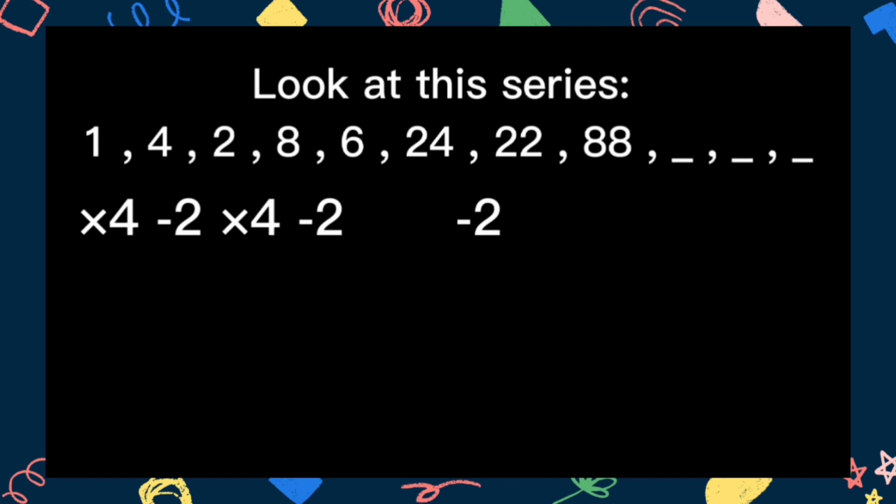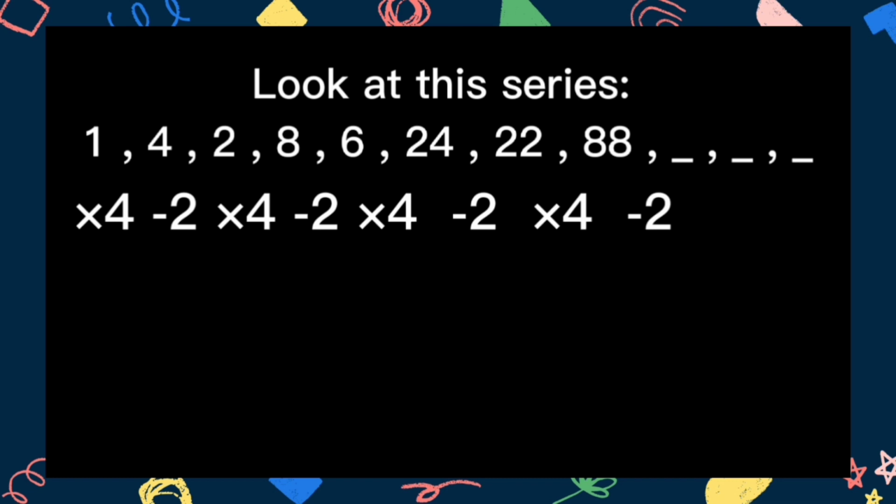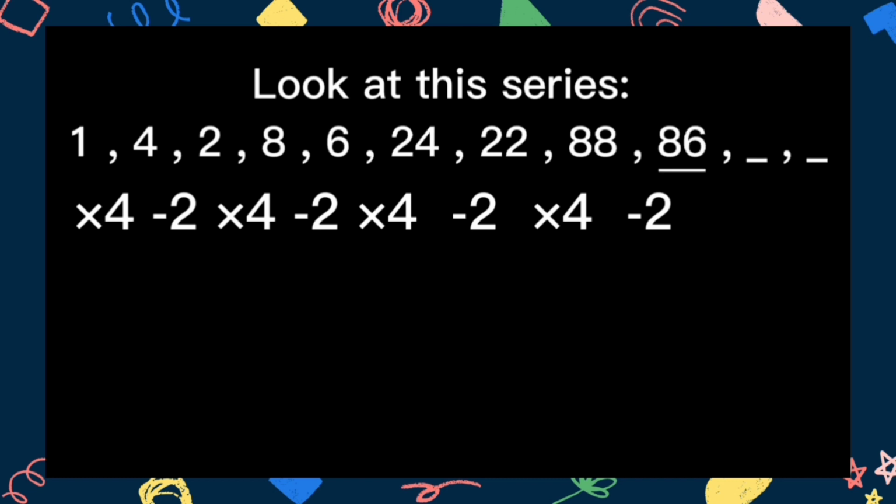For numbers 6 and 24, 6 times 4 is 24, minus 2 is 22. For numbers 22 and 88, 22 times 4 is 88, minus 2, 86. Then we get our first unknown number.